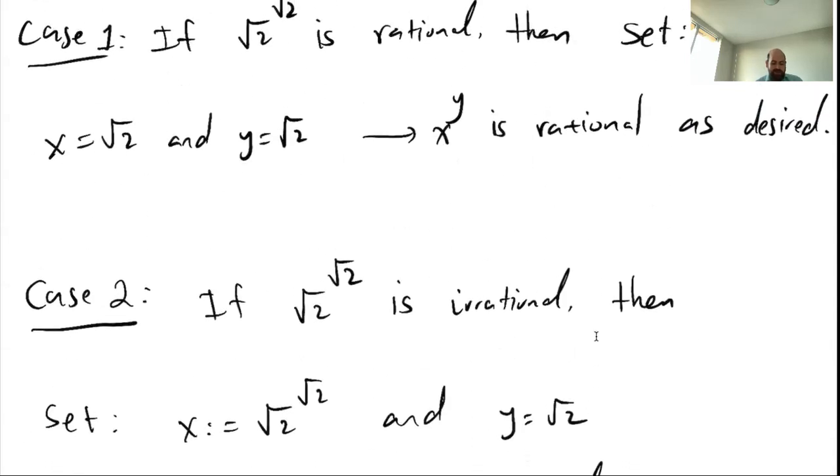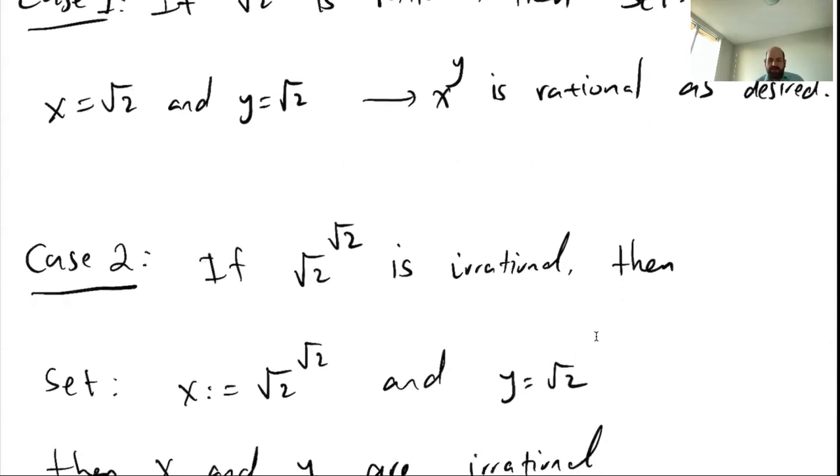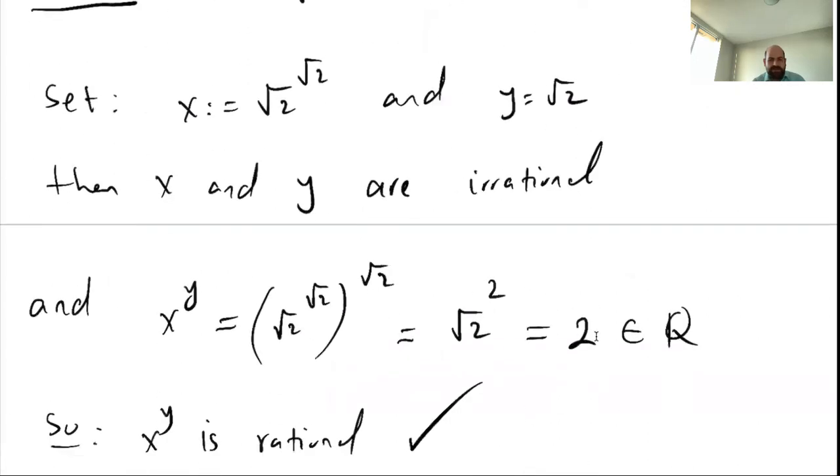So whether this number is irrational or rational, in either case, we could show that there exist irrational numbers x and y with x to the power y being rational. Okay, so even without being able to construct it explicitly, we could still prove the existence.